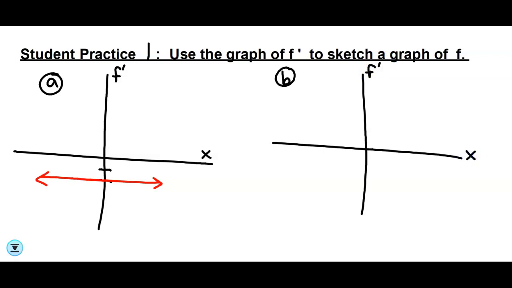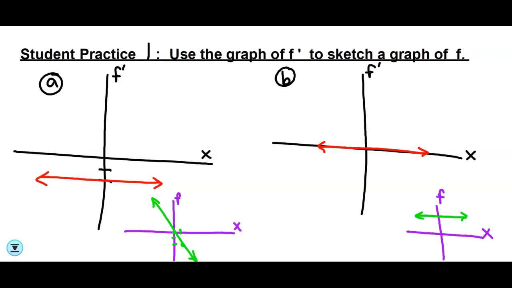These are 2 separate problems. I'm giving you f prime twice, and therefore you're going to have 2 answers. All right. There you guys go. Go ahead and pause the video here and give it a try. When you unpause it, you'll see my solutions.